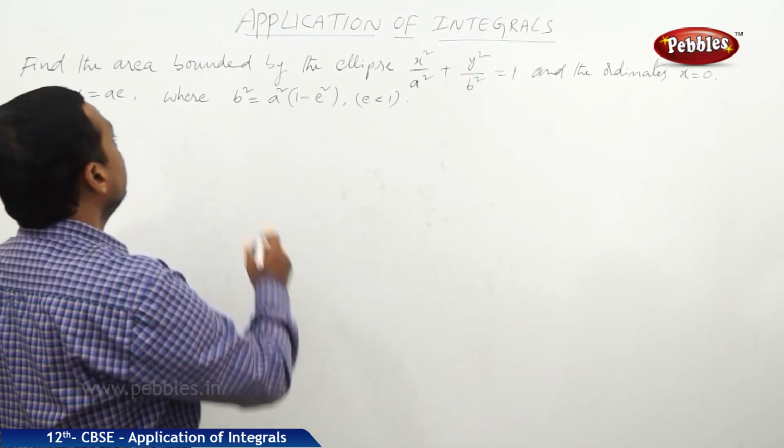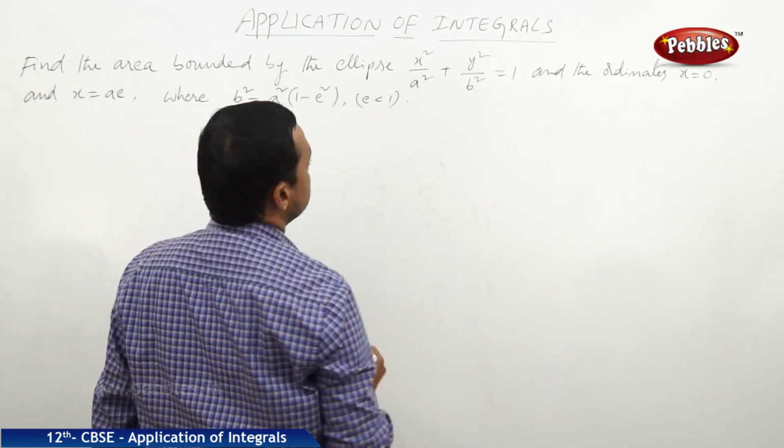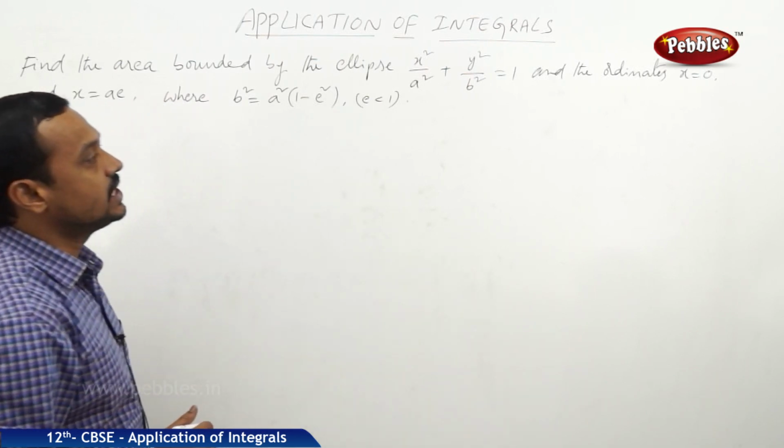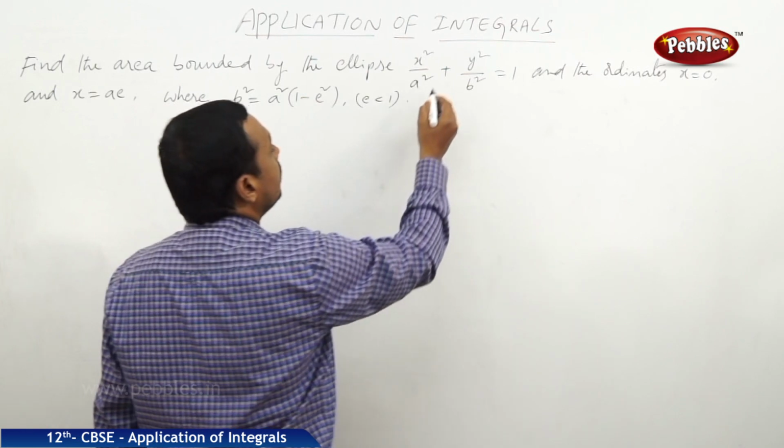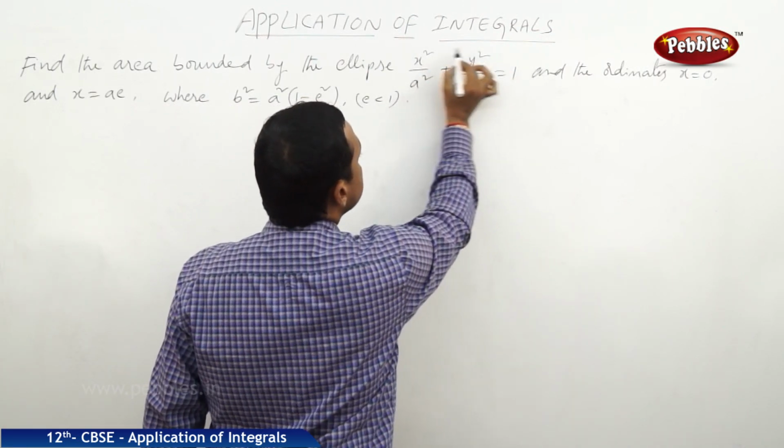And now let us find the area bounded by the ellipse between the ordinates x is equal to 0 and x is equal to a. Now here also the ellipse is in standard form.